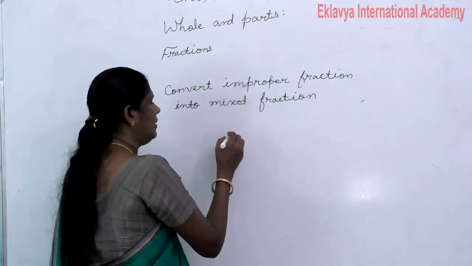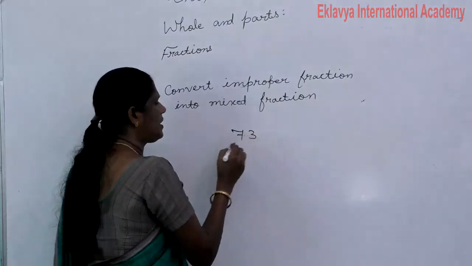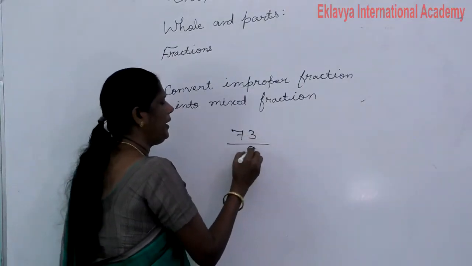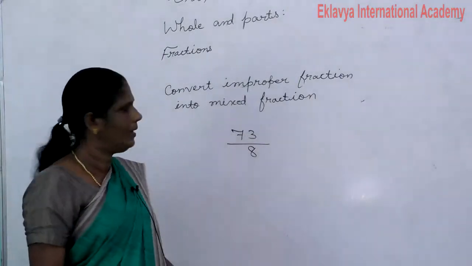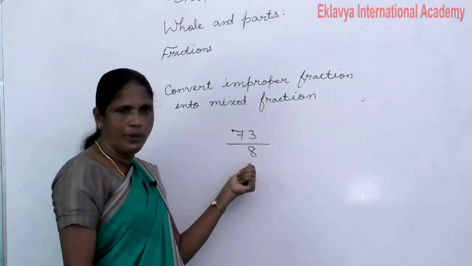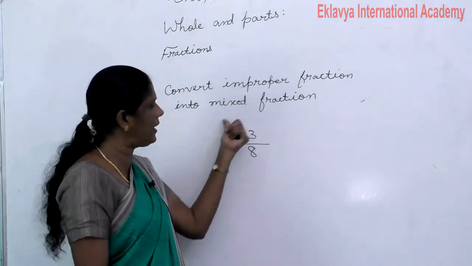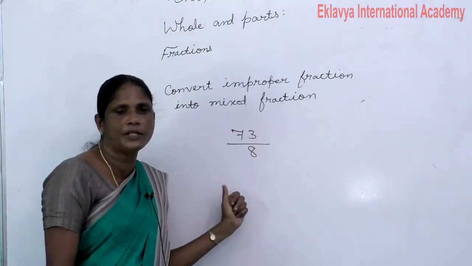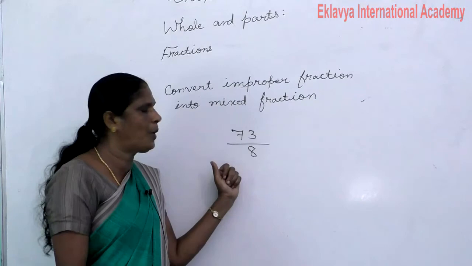Listen. 73 upon 8. Here the numerator is big, the denominator small. Which fraction is this? Improper.